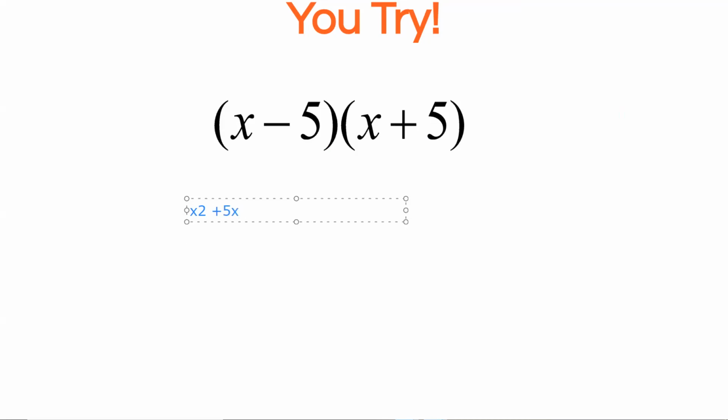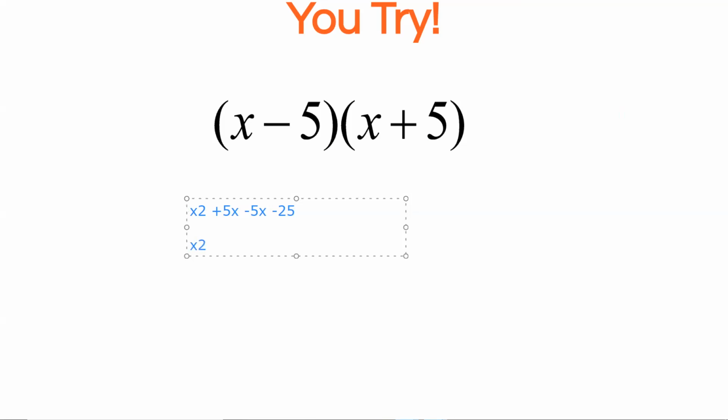The inner ones will equal what? So that's -5 times x, -5. And then -5 times 5. -25. Awesome. So when we combine our like terms, what are we going to be left with though?